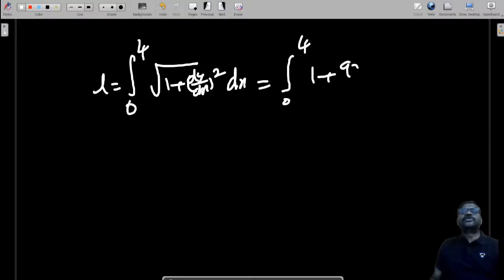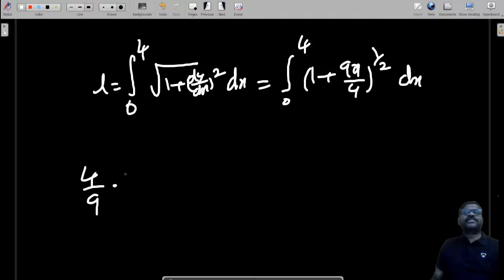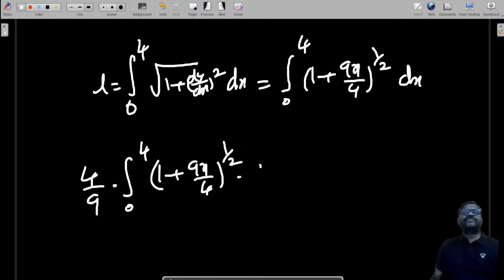Integral 0 to 4, 1 plus 9x by 4 whole power half dx. I am multiplying with 4 by 9, integral 0 to 4, 1 plus 9x by 4 whole power half into 9 by 4 dx.